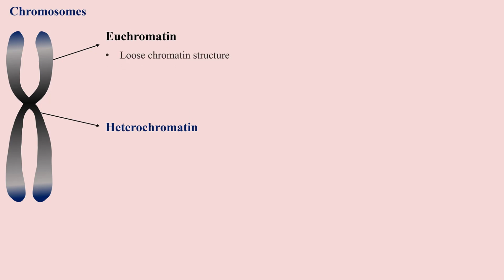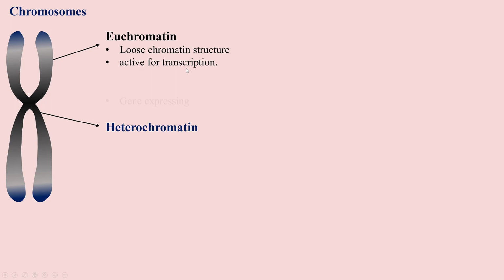The chromosome contains different regions. One is euchromatin and the second is heterochromatin. What is euchromatin? The most loosely packed form of chromatin is euchromatin, also known as beads on a string. This euchromatin participates in active transcription of DNA to mRNA.